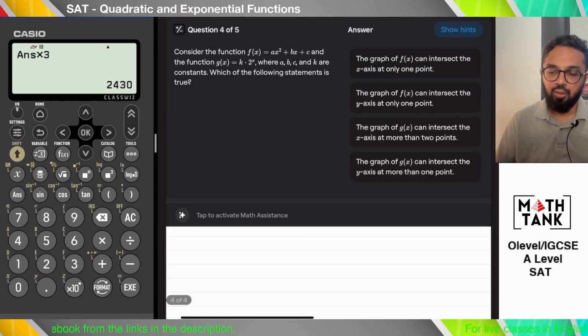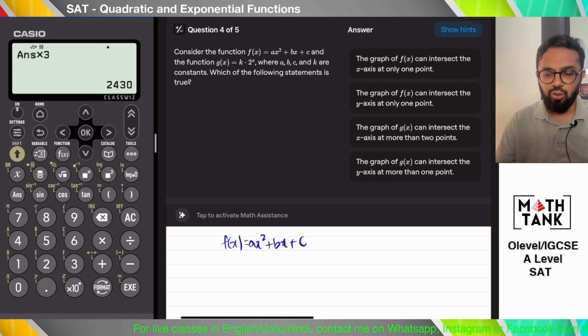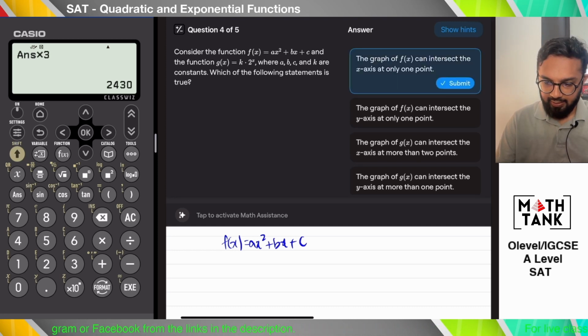Yes. Okay, so consider the function f of x equals ax squared plus bx plus c, and g of x equals k times 2 to the power x, where a, b, and c are constants. Which of the following statements is true? The graph of f of x can intersect the x-axis at only one point. It's a quadratic graph. It could technically intersect at 2 points as well.